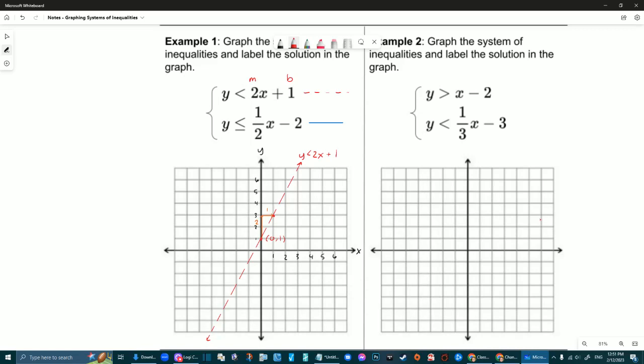And then we have to decide where we are going to shade. And I'm going to show you both methods. The first method is the method we mentioned in our last video, which is choose a test point. By default, I always choose 0, 0 as my test point.